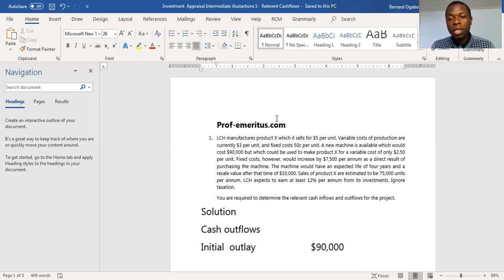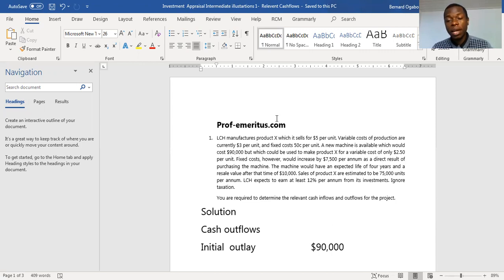manufactures product X, which sells for $5 per unit. Variable cost of production are currently $3 and fixed cost is 50 cents. A machine is available, which would cost 90,000, but which could be used to make product X for a variable cost of 2.50.